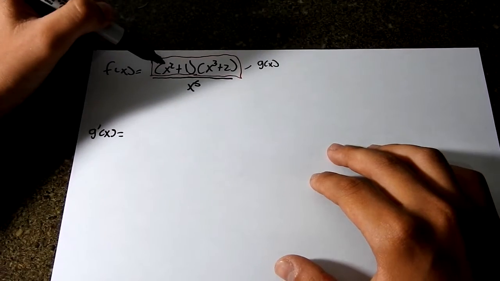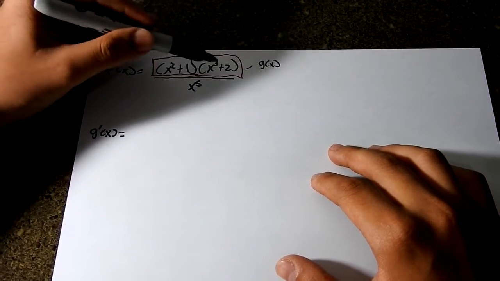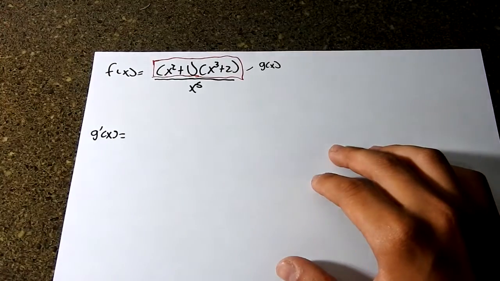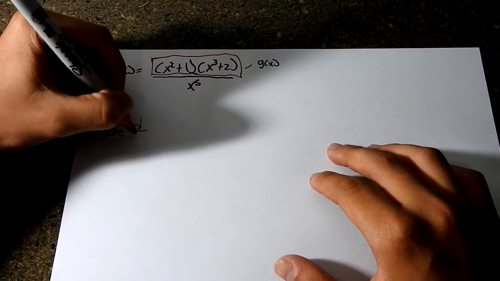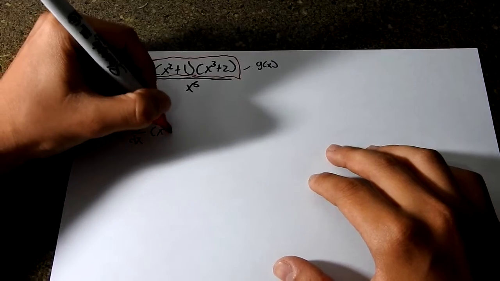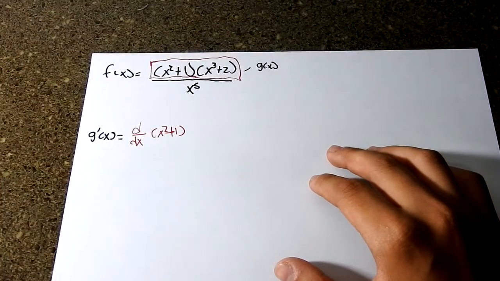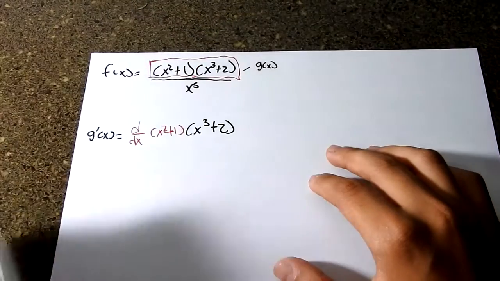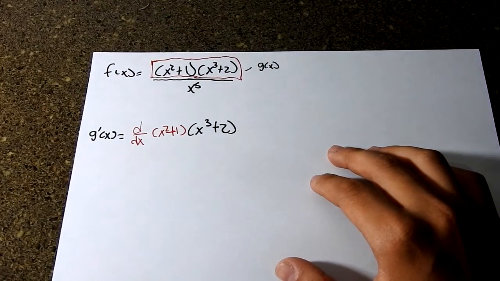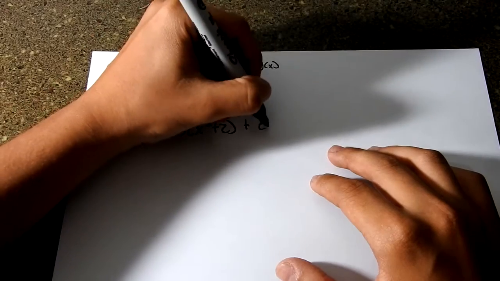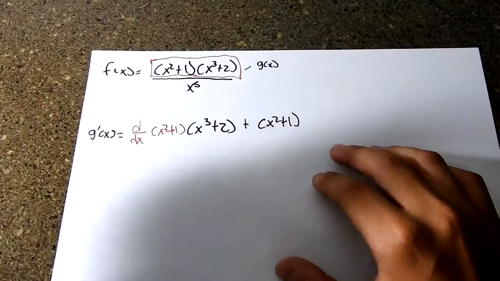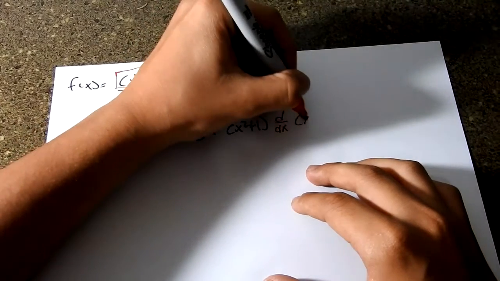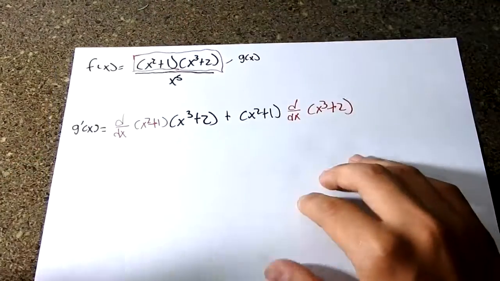So this is a product rule, x squared plus 1 times x to the 3rd power plus 2. As the product rule says, we're going to take d over dx of x squared plus 1, then times x cubed plus 2, and then plus x squared plus 1, and then times the derivative of x to the 3rd plus 2.